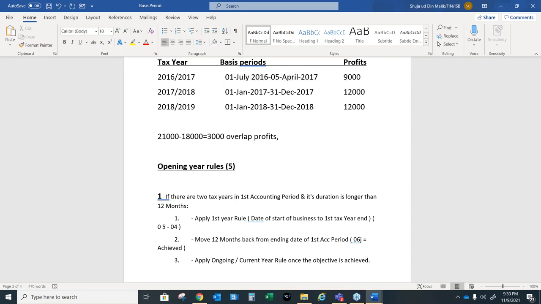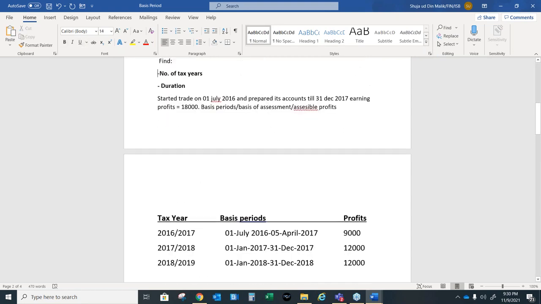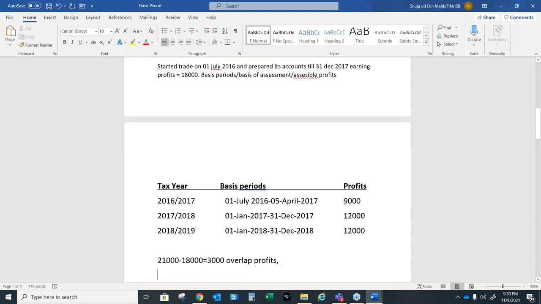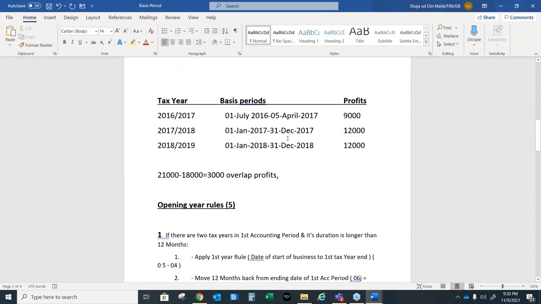But when we want to achieve our objective, when we line up our accounting date with the tax date, the accounting date was 31st December, and we were here at 5th April. We want it to be 31st December so that the objective of basis period applies. We moved 12 months back from the ending date of the accounting period. While we moved back, we came back again to 1st January 17.